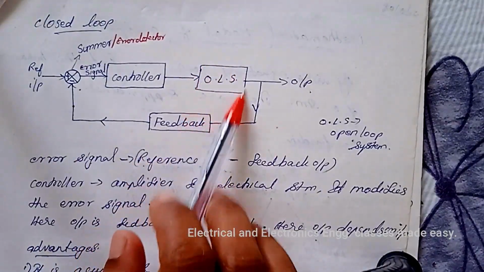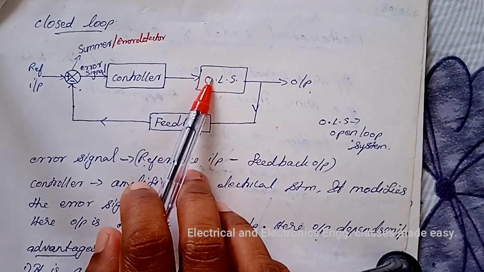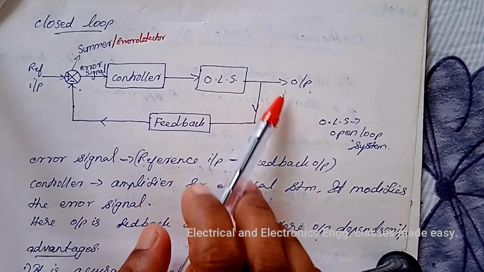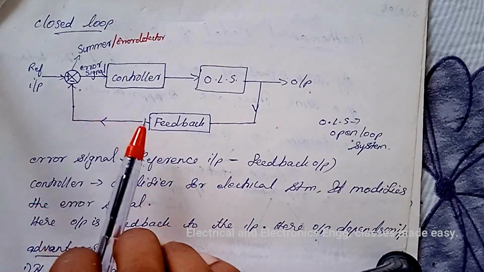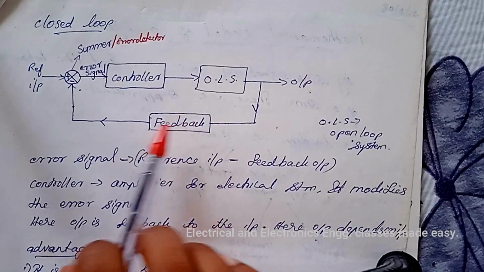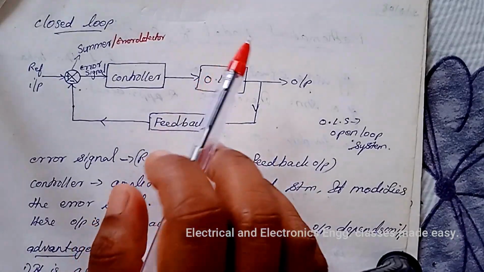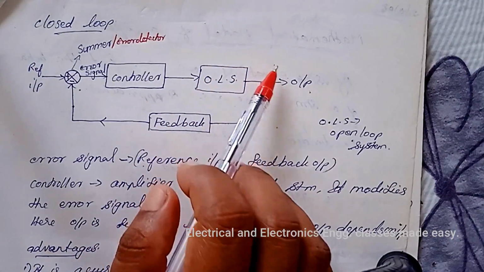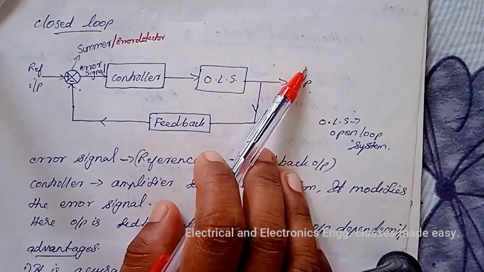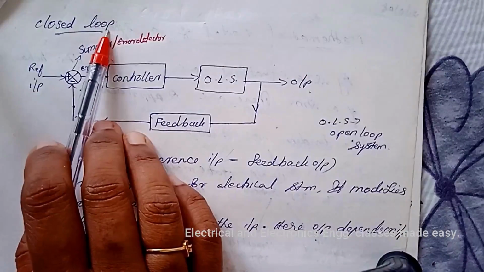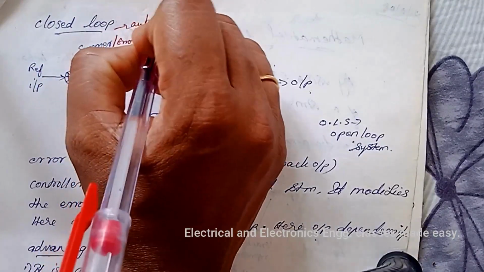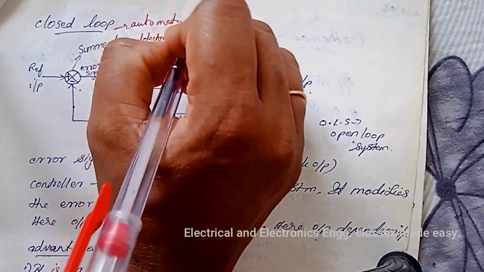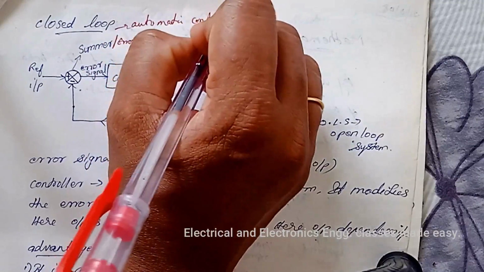An open loop system can be modified as a closed loop system by providing a feedback path. The provision of the feedback automatically corrects the changes in output due to disturbances. Hence, the closed loop system is also called automatic control system.